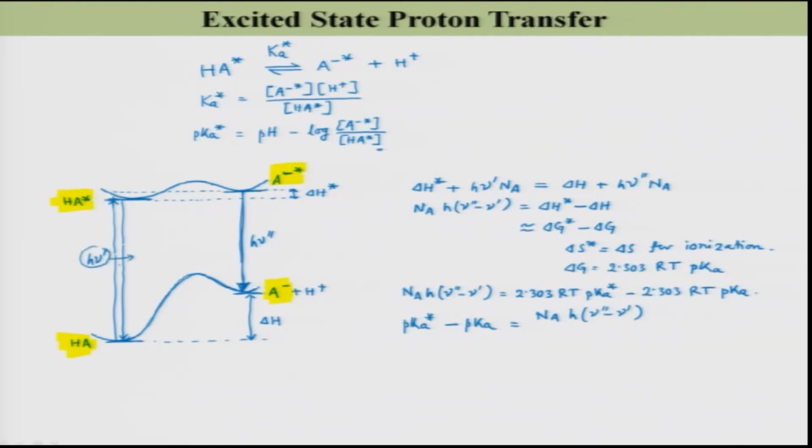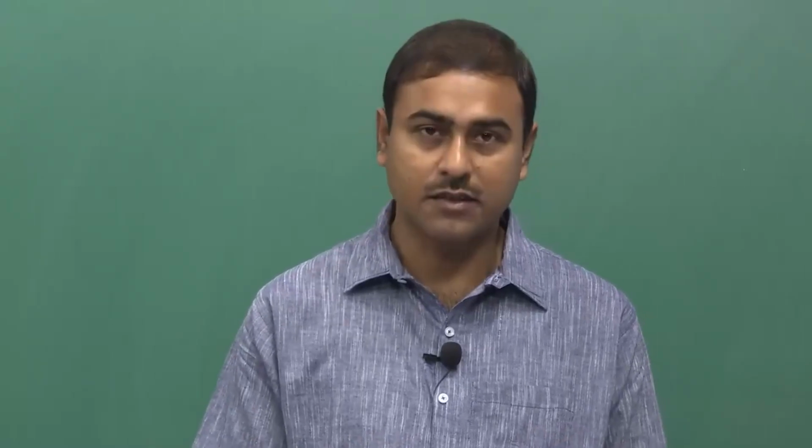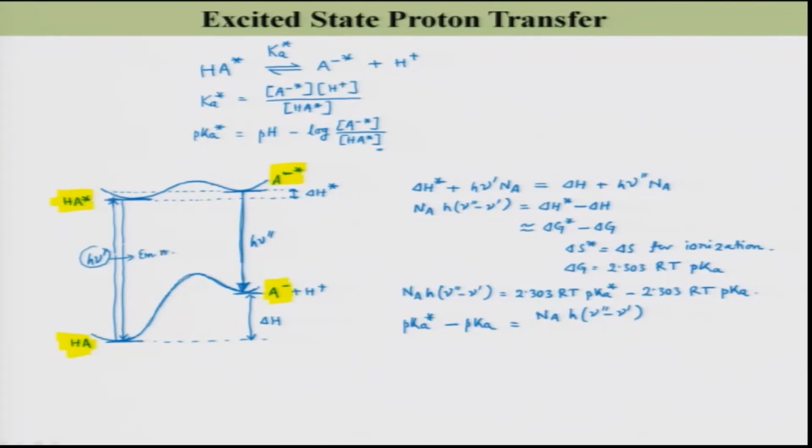For the simplicity, for the simple model, I assume it to be exactly the same as the absorption and emission, but if you consider Stokes shift, then better to write this as an emission, right. So, h nu prime is the emission maxima of HA, and this is the emission maxima of A minus, right.